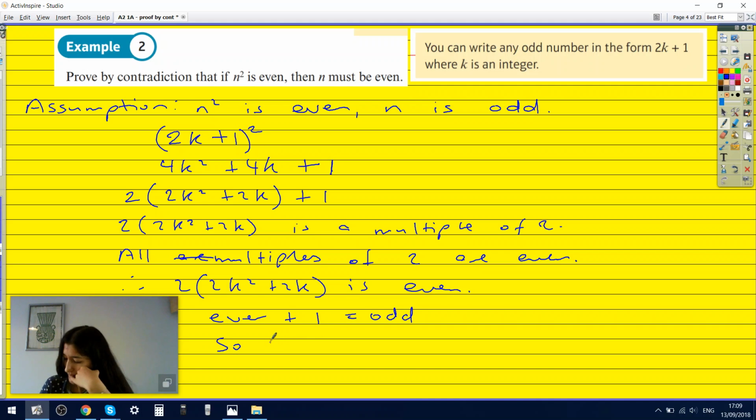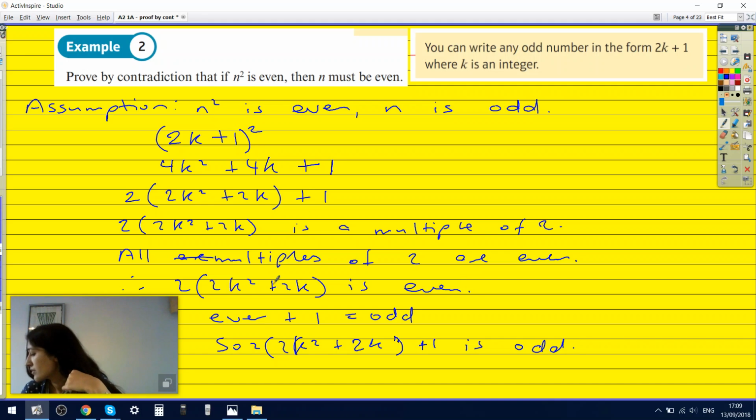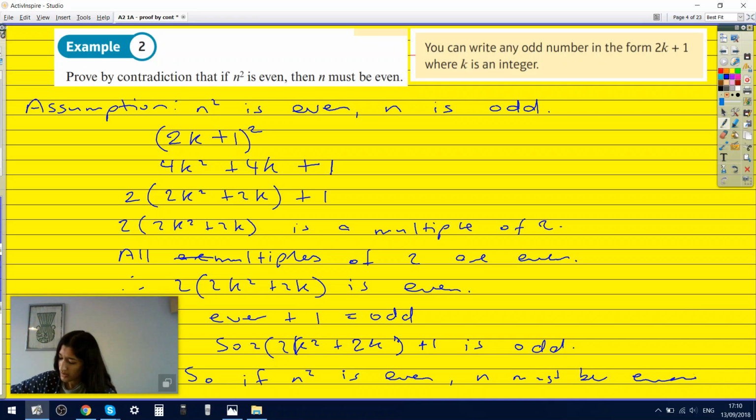So 2 times 2k squared plus 2k plus 1 is odd. And then last thing: if n squared is even, then n must be even. Any questions there? No. Must be even. Okay. Let's see what they did.